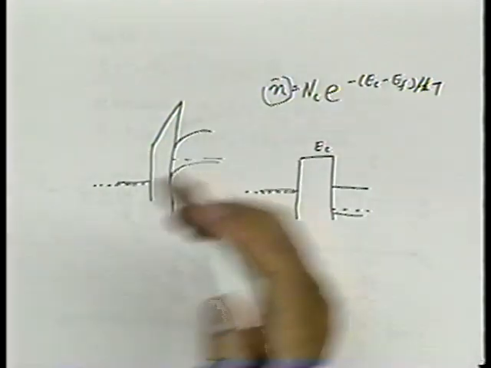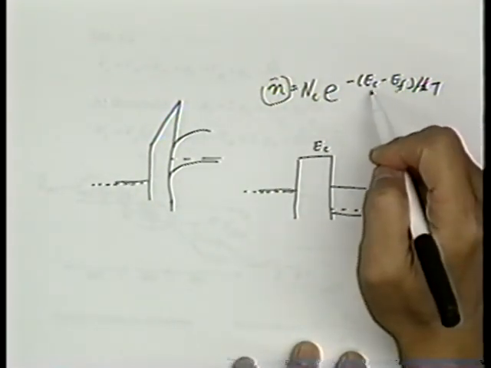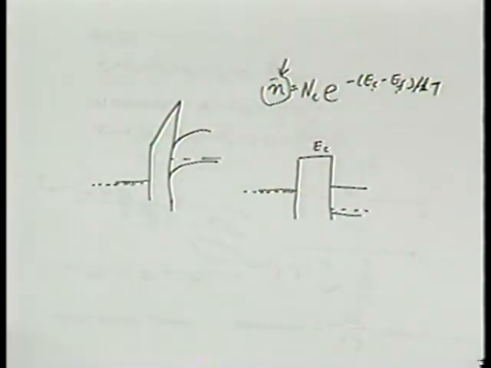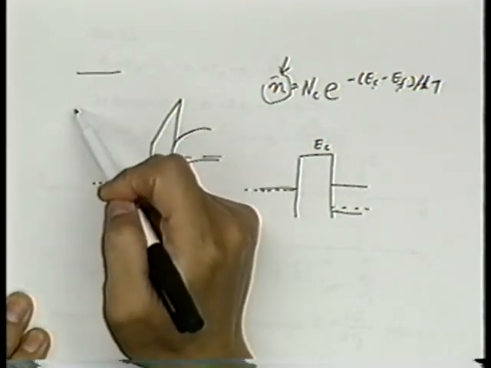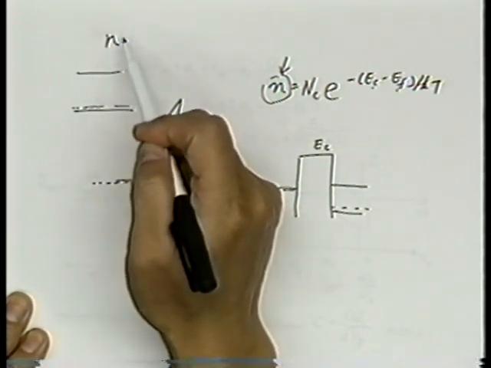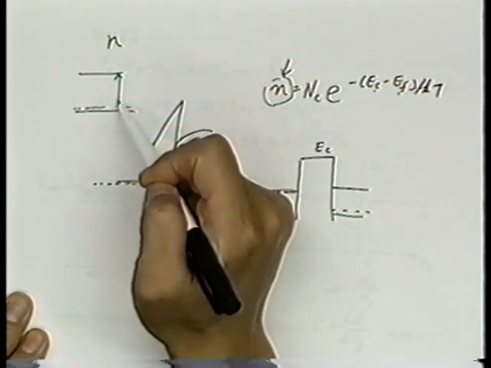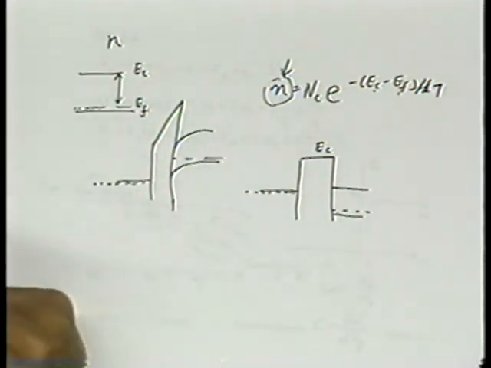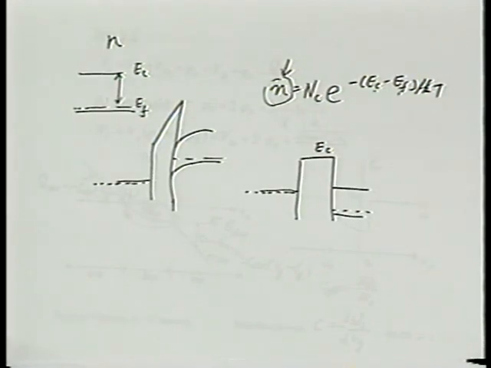But suppose this Ef is 1 eV below Ec. Do you know what number will come out for this? Well, if Ec is 1 eV above Ef, it's essentially asking what is the electron concentration in p-type silicon, because there the difference between Ec and Ef is about 1 eV. In a fairly heavily doped piece of p-type silicon, what is the electron concentration?